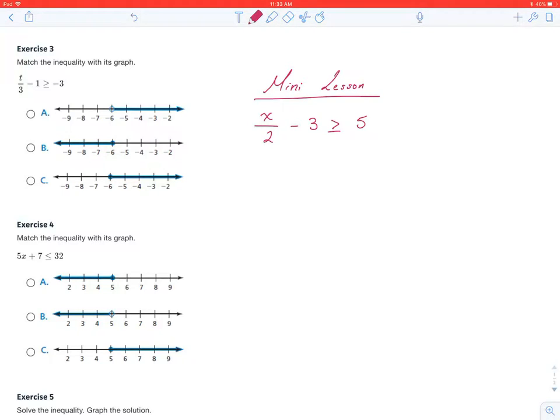First and foremost, you just need to understand that a two-step inequality is a combination of two one-step inequalities.